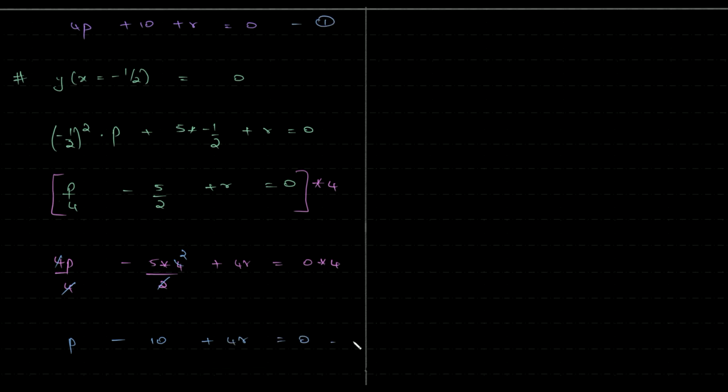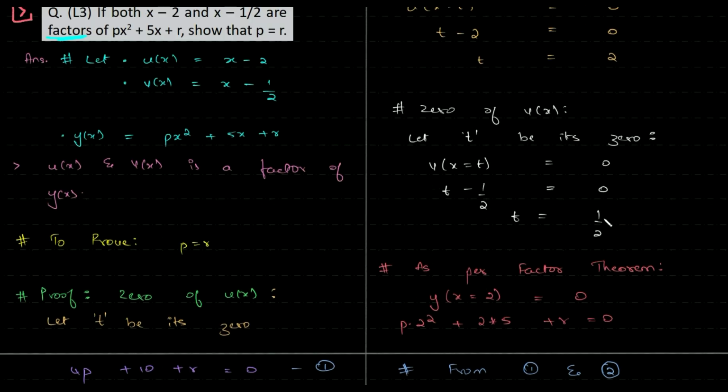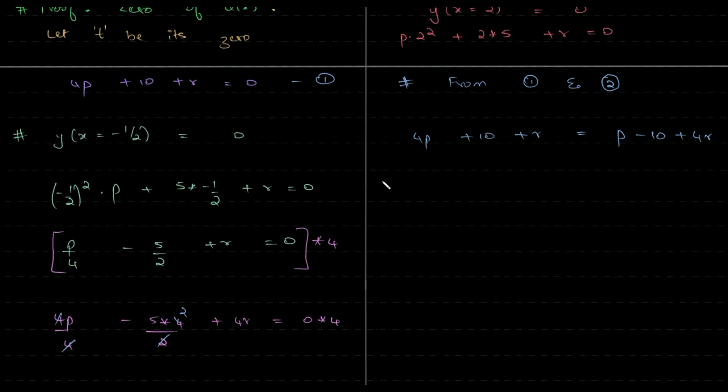Since equations 1 and 2 are both equal to 0, what can we tell? From 1 and 2, 4p plus 10 plus r is equal to p plus 10 plus 4r. Okay guys, let me just check once again. Sorry, this is not negative, this is positive.